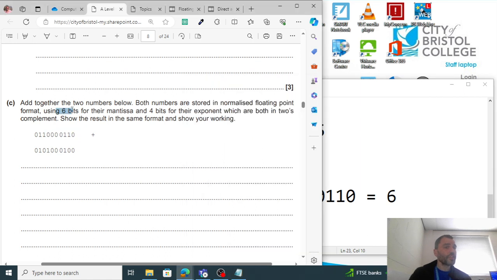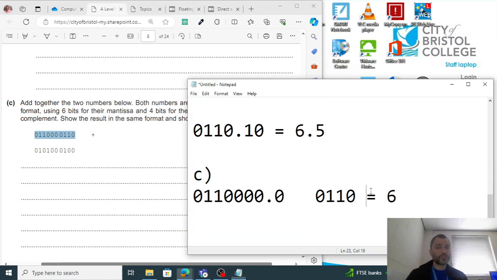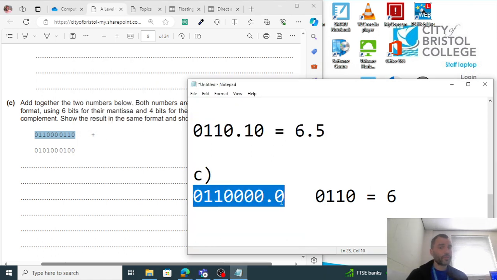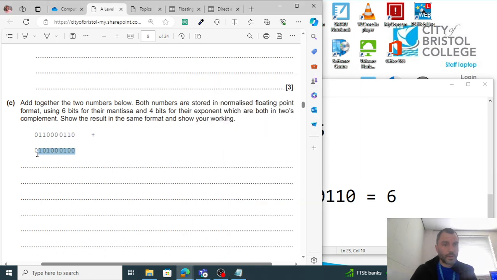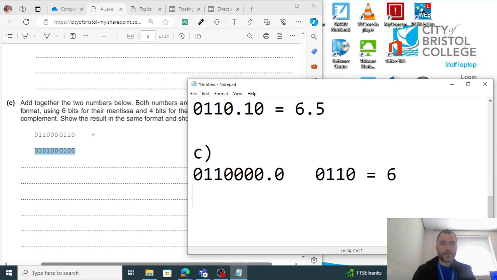So even though it said use 6 bits for the mantissa, that's only when it's in normalised form. You don't have to truncate it once you've multiplied it out, right? We need the whole number. So we've got our first number.